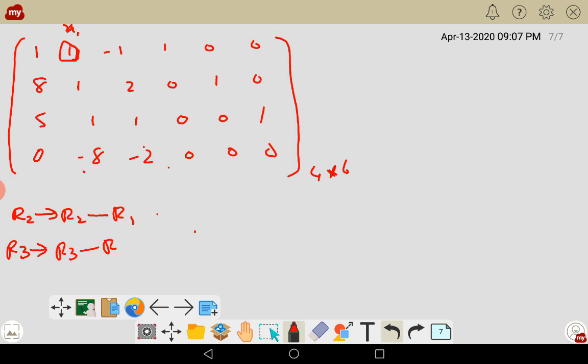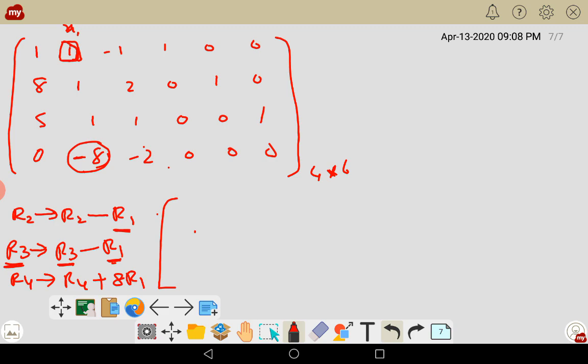We want the formula for R3, so we start with R3, and R1 is the row that has the leading element 1, isn't it? And what is the formula for R4? Start with row 4, use row 1, but this is negative 8, so the coefficient should be multiplied there, so it will be positive 8 times R1. This is the formula for all 3 rows.